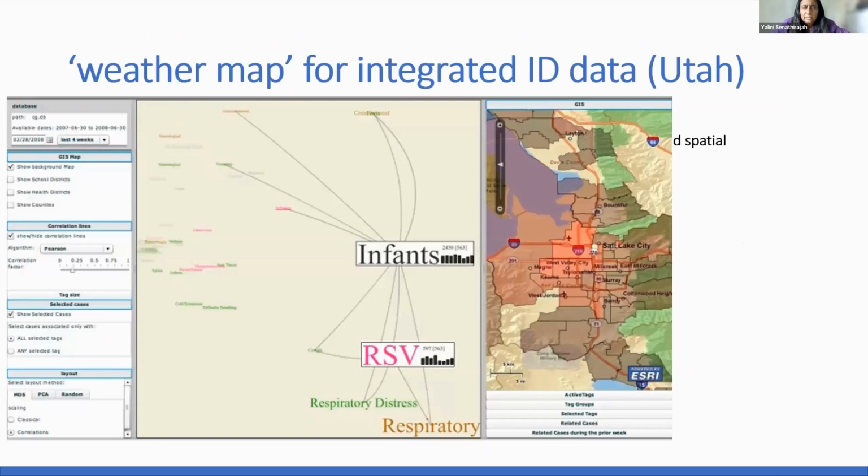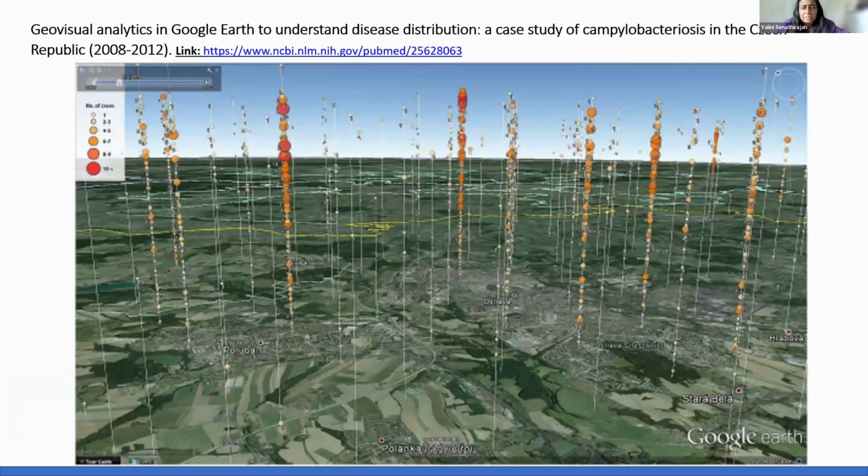Utah found that because of the many different information sources involved, epidemiologists were getting overwhelmed by different plots and so on. And so they came up with the concept of a sort of epidemiological weather map that would integrate all of those and allow one to visualize things in different ways. And this is an interesting visualization from Google Earth.